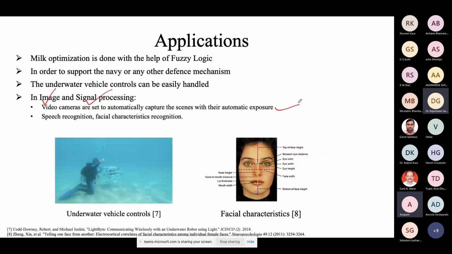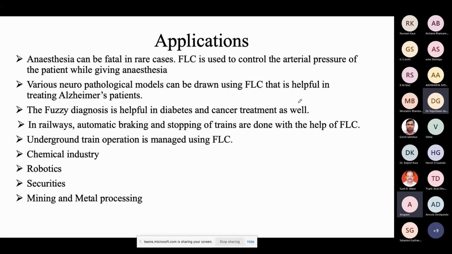If we talk about other applications, like anesthesia, which can be fatal in rare cases, I published one paper this year only. We are using arterial pressure control, the arterial pressure of the patient.